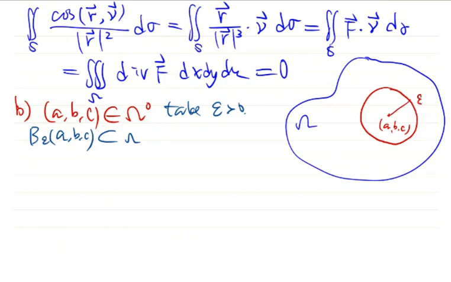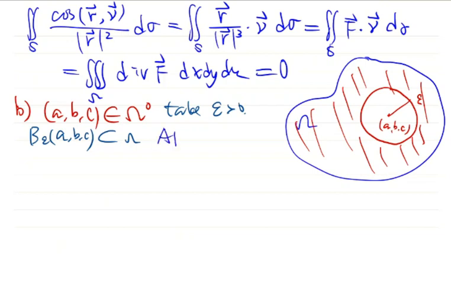Now we apply the Divergence Theorem, that is the Gauss formula, on omega removing this ball.